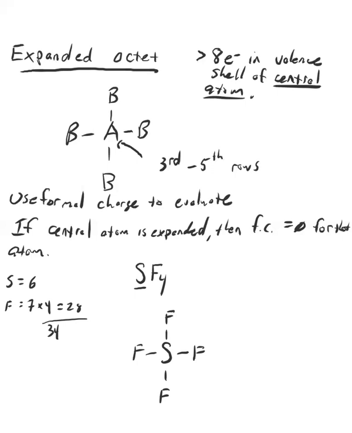Okay. So next step. We've already used 8. You have to have 1 bond at least. So that's 8 right there. So minus 8. So now you've got, what is it? 34 minus 8 is 26. So let's do what we normally do. We get the surrounding atoms up to 8 by putting 3 lone pairs.